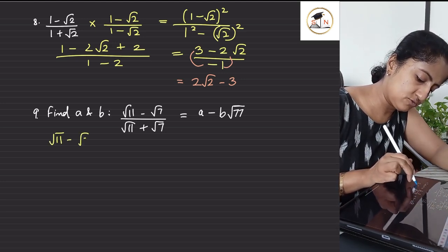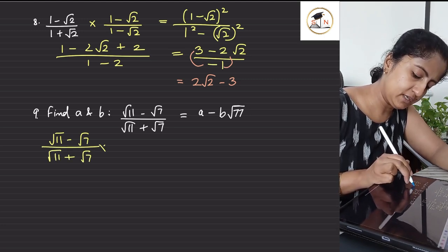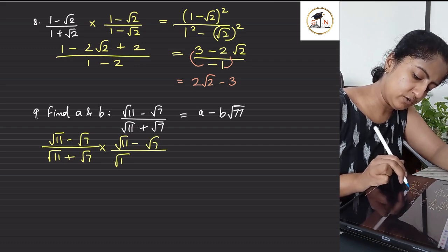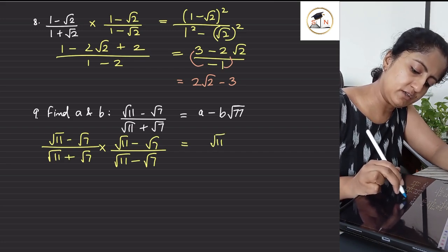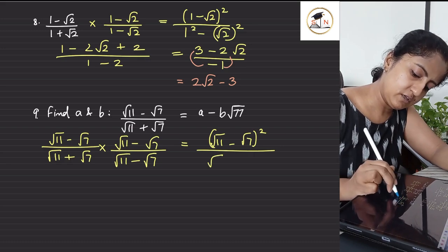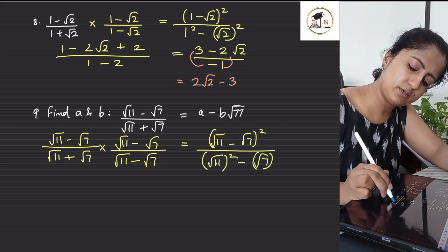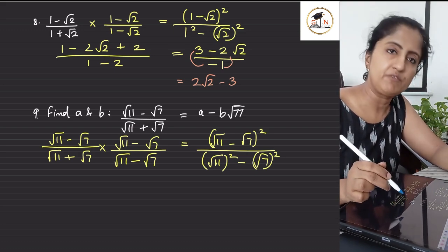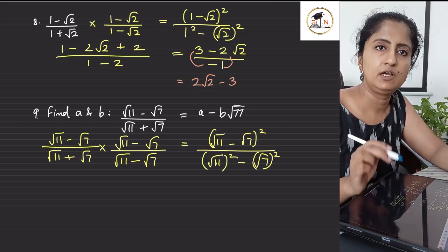Root 11 minus root 7 divided by root 11 plus root 7, into root 11 minus root 7 over root 11 minus root 7, gives me root 11 minus root 7 whole square over root 11 square minus root 7 square. As of now, I'm just focusing on the normal rationalization process. When we are done with rationalizing, then we will equate with a minus b root 77 to get a and b.